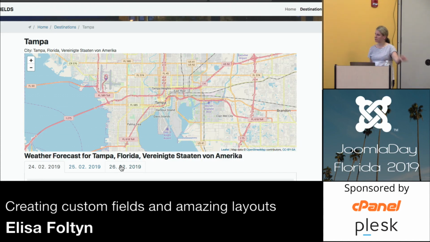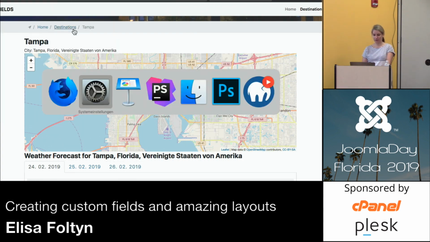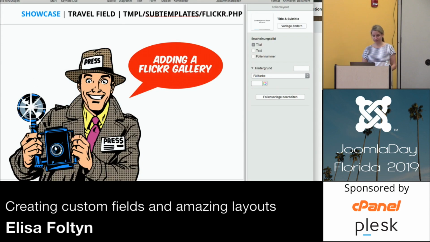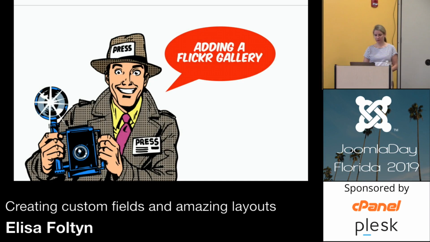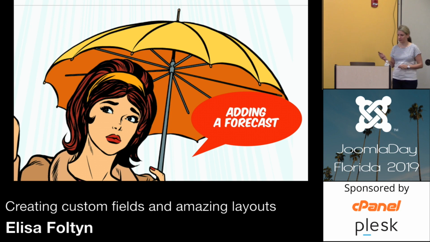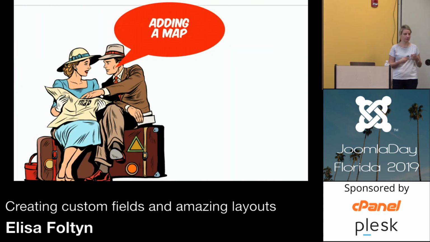So I want to show you the possibilities you have to do with just one information. We have the Flickr gallery, forecast, map, just with this one value. If you're interested to look into it, how I solved it, just go on GitHub, fork it or download it, test it.